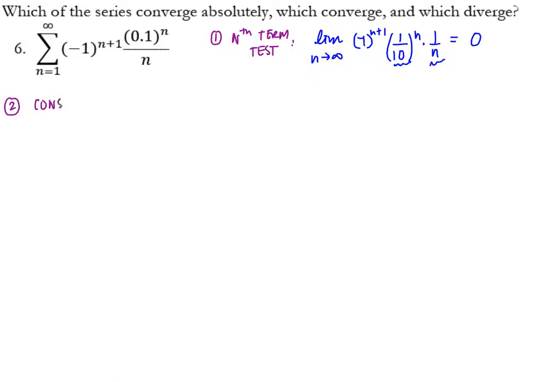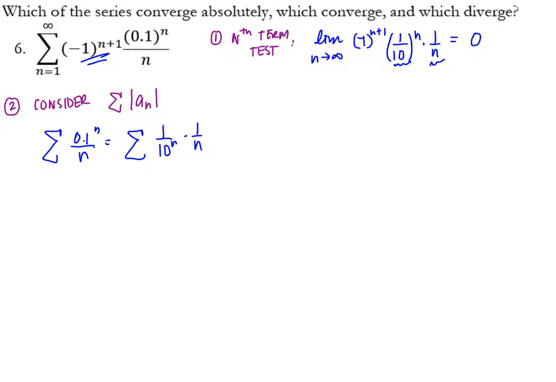First, consider the absolute value of the series. So what happens if it's not alternating in sign? Then we have the series of 0.1 to the n over n, which we already said 0.1 to the n is 1 over 10 to the n, and then multiply by 1 over n. So there's kind of a lot going on here.